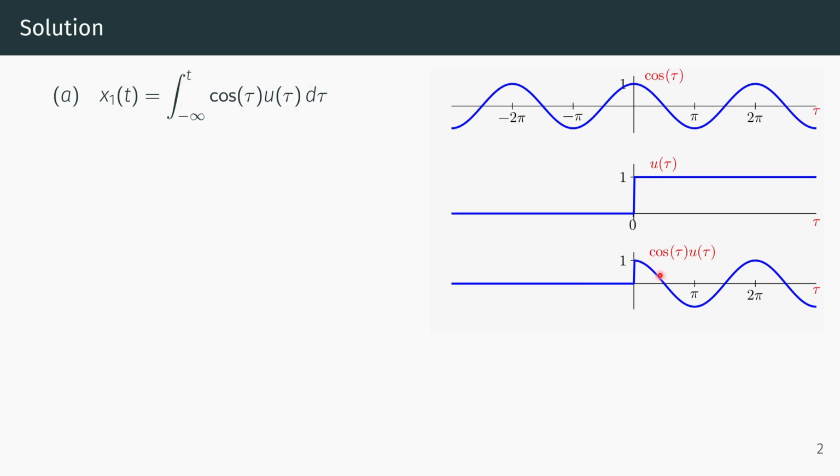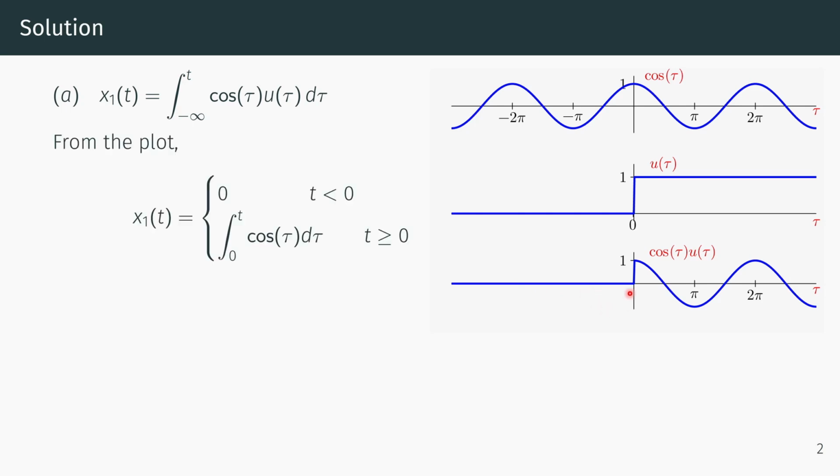We have to integrate this function, and the integral limits are from minus infinity to t. And what is t? It is a variable. So what happens when t is less than 0? I have to integrate from minus infinity to t, and let's assume that t is less than 0. For that case, we don't have any signal, and hence the integral would be equal to 0.